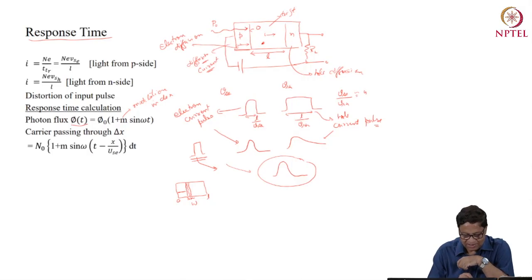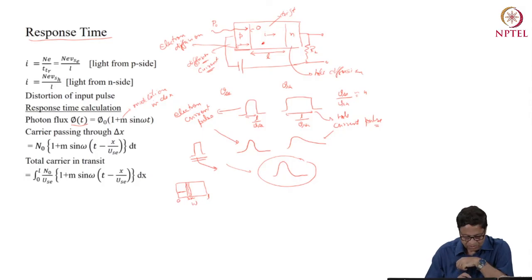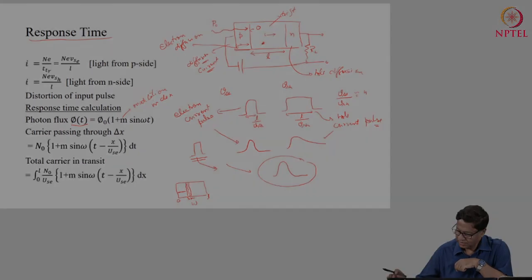So this is represented as n0 into 1 plus m, where m is the modulation index, sine omega t minus x by VSE, the saturation velocity, into dt. The total carrier in transit we have to integrate from 0 to L. So I am integrating from 0 to L, n0 divided by the saturation velocity, into 1 plus m sine omega t minus x by VSE, into dx.